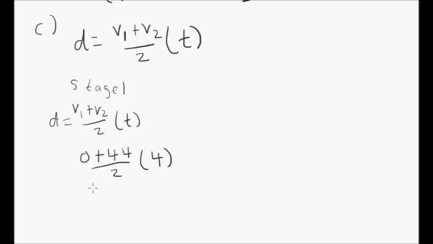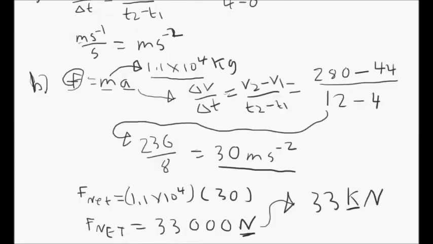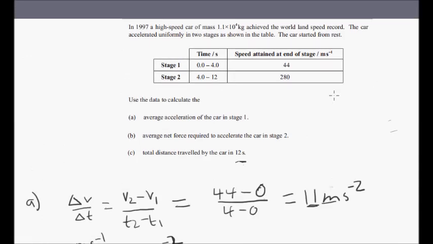Therefore, we'll simplify this. So this is 22 times 4, and this equals 88 meters. So that means in stage 1, the car traveled a total distance of 88 meters.